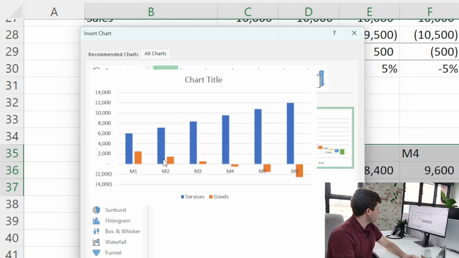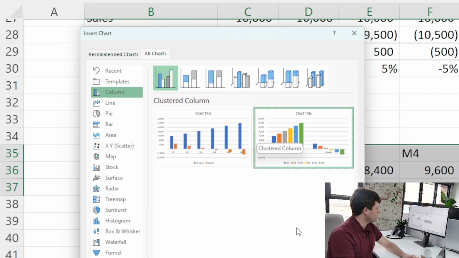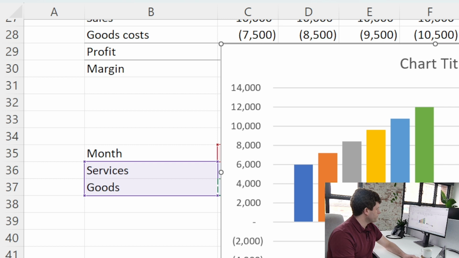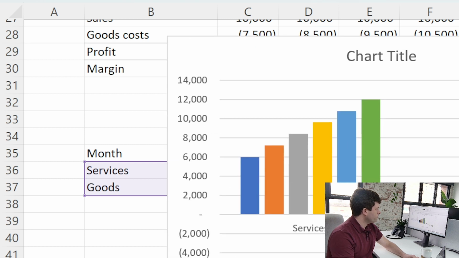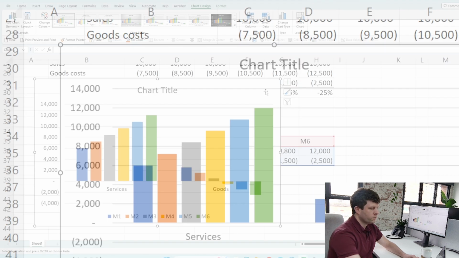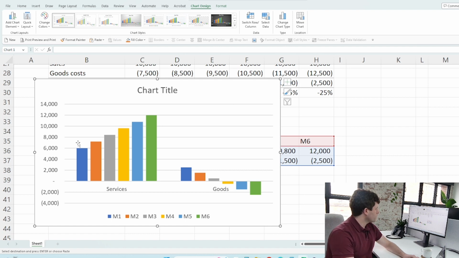Can you see, instead of one for each month, one group for each month, I want services grouped and then goods grouped. And we can see now that we're making a bit more money each month on services, but on goods we are losing money. I think this will help to demonstrate to the people responsible for making the profit that it's not going as well as it used to.